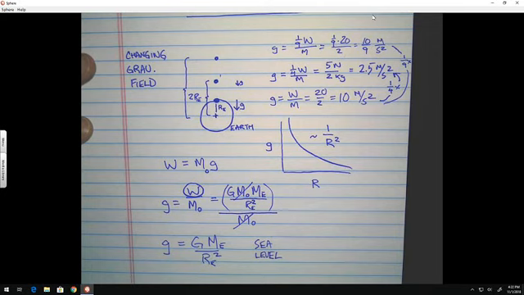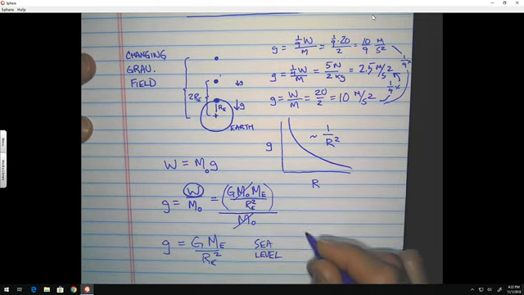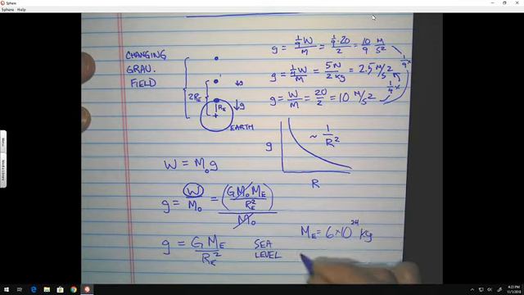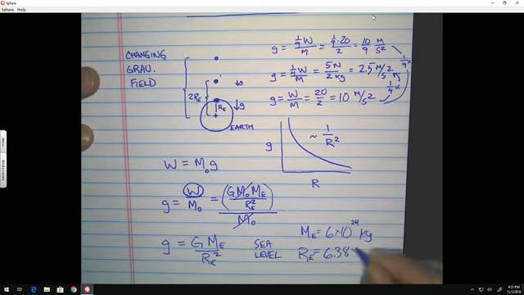You can try this, you can calculate it. It's actually a great thing to do right now. Use the value of G that we wrote down the other day. You've got it in your notes. The mass of the Earth is about 6 times 10 to the 24th kilograms. The radius of the Earth, it's about 6.38 times 10 to the 6th meters.